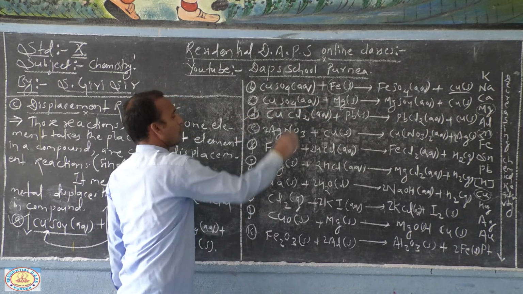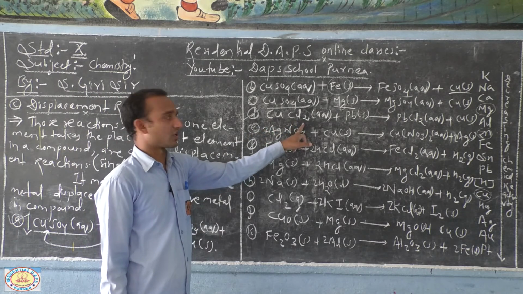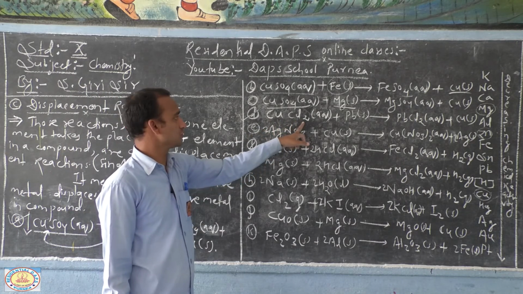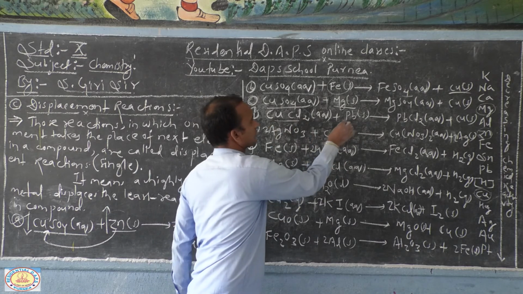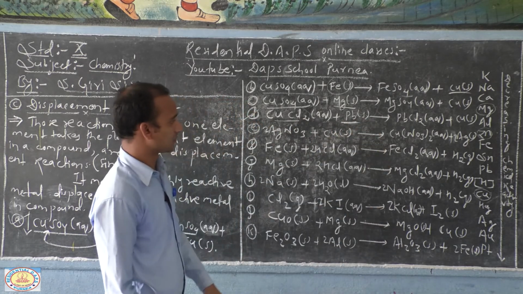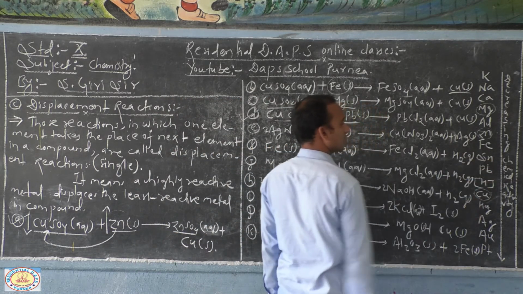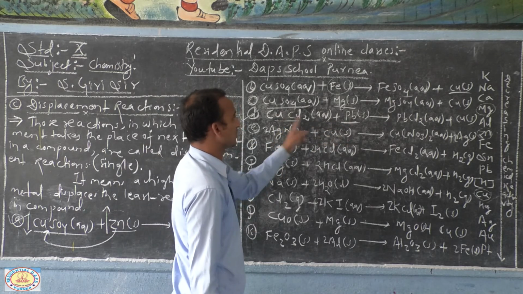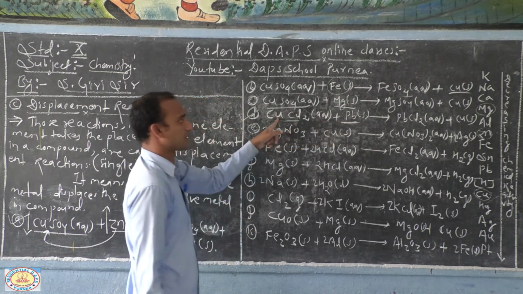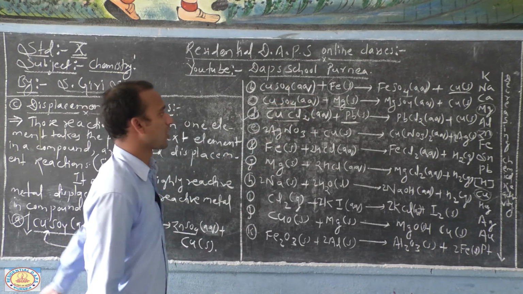Next example: when you take copper chloride, cupric chloride CuCl2, and react it with lead metal, you can see copper is here, but lead is two steps ahead, so lead is more reactive than copper. So lead must displace this copper from this solution. As a result, lead chloride plus copper is formed.